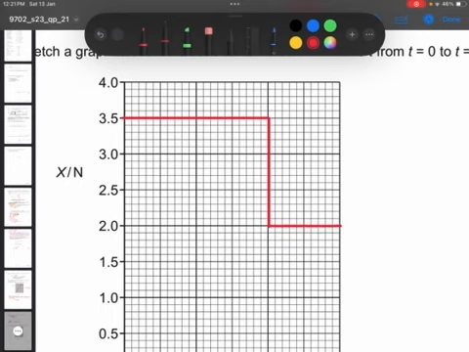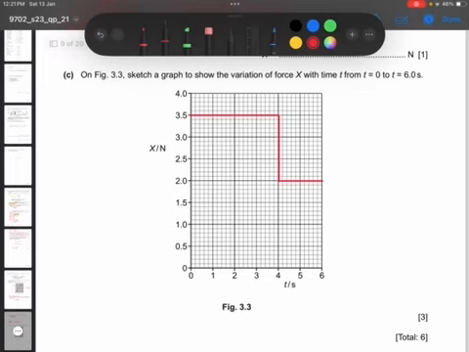Okay, so that there is our graph. It is representing that from 4 seconds to 6 seconds, the force X is 2 newtons. And from 0 to 4, the force X is 3.5 newtons. That is it.